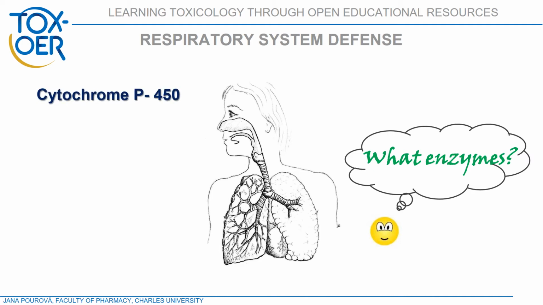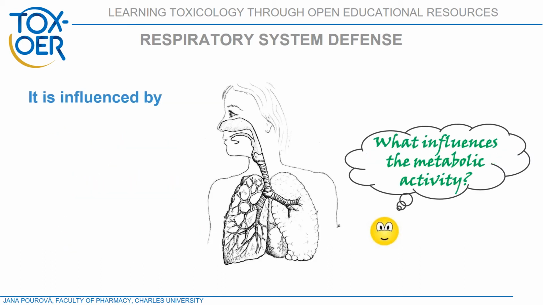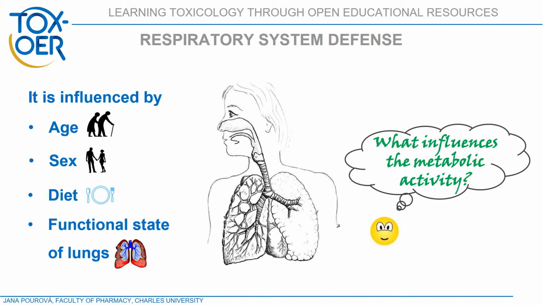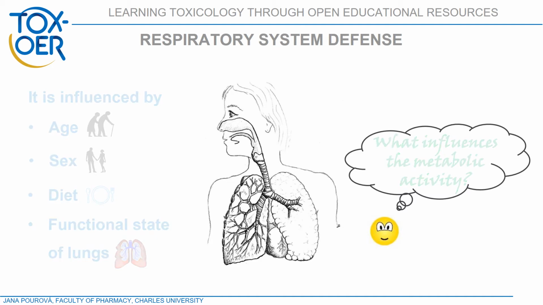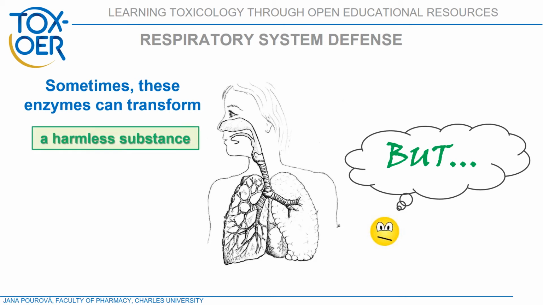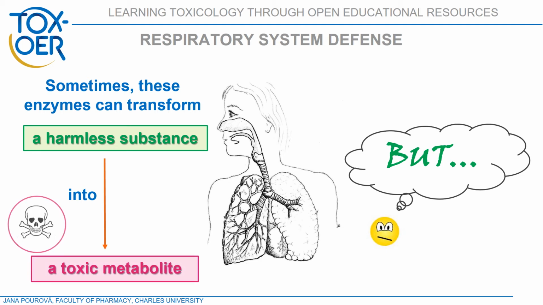Cytochrome P450 is the most important metabolic enzyme. The metabolic activity is influenced by age, sex, diet, functional state of lungs. But sometimes these enzymes can transform a harmless substance into a toxic metabolite.